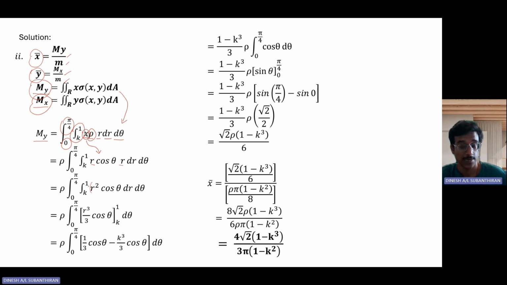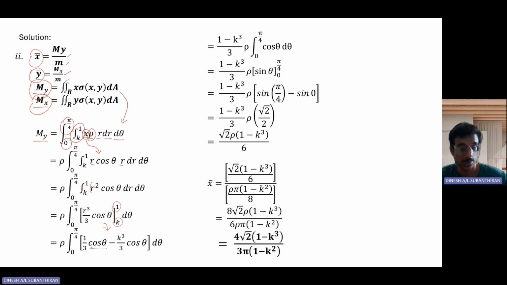Now we can integrate this r² cos θ by r, and we will get r³/3 cos θ in bracket with limits k and 1. We substitute the limits in r, and the solution will be 1/3 cos θ minus k³/3 cos θ.